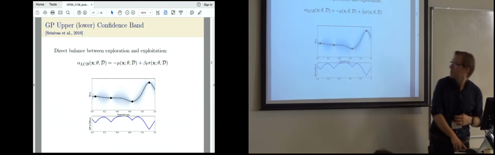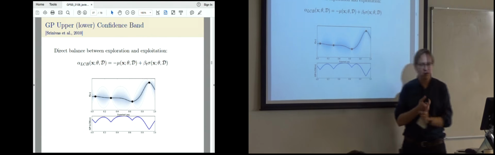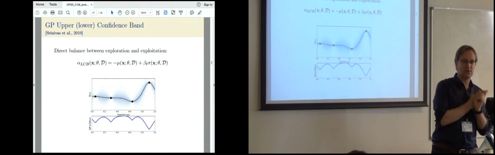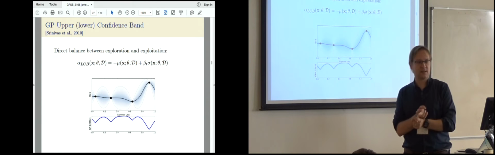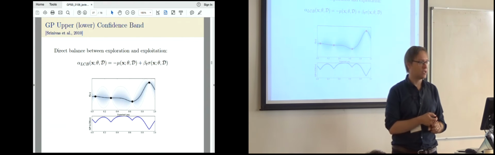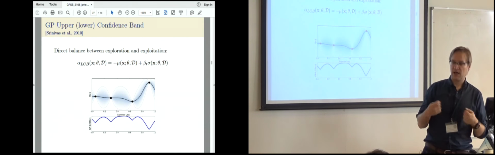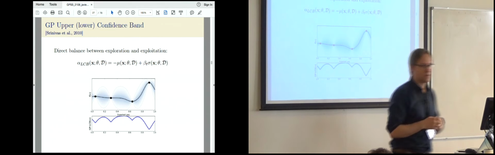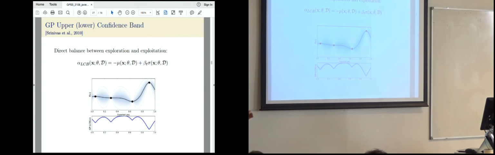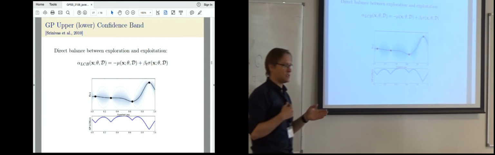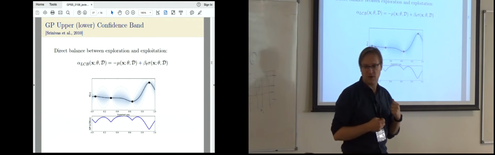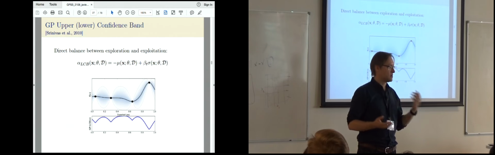Okay, so we have talked about the model, and now we are going to talk a bit about the policies, right? So how do I use my model to define what in Bayesian optimization is called the acquisition function? So whenever I can collect a new location, I can make the best out of it, right? This is one of the most intuitive acquisition functions, and it represents very well what we were saying before about the balance between exploration and exploitation, right?